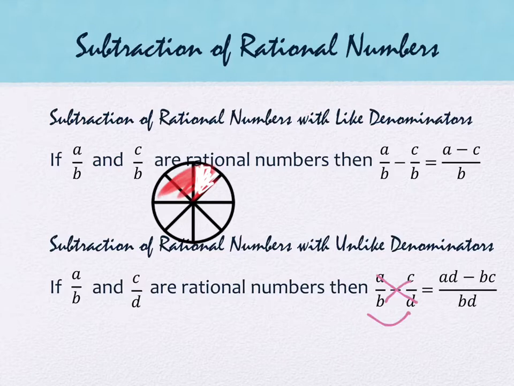So you multiply our diagonals, and the only thing that's different from our addition property is that it's a subtraction sign between them instead of an addition sign. It does become very important that you do the top diagonal first, starting from the top left down as our first product. When we did addition, it really didn't matter so much because addition is commutative. You can do it in either order.